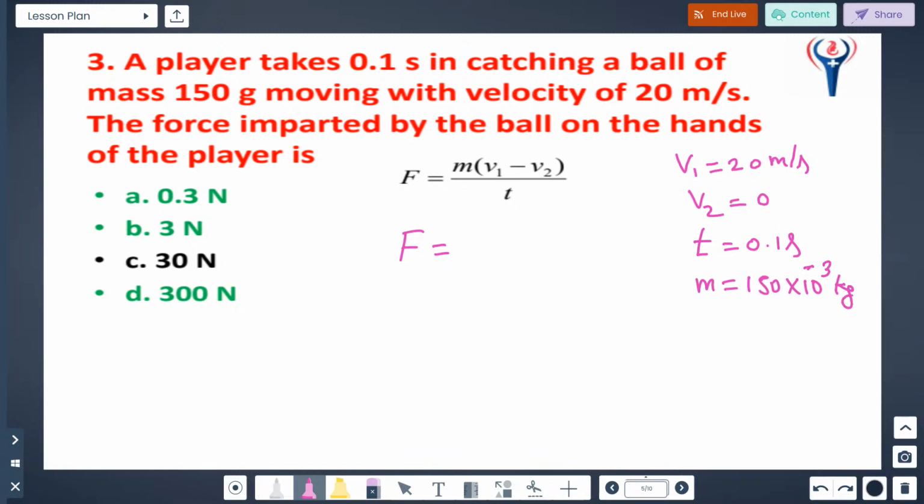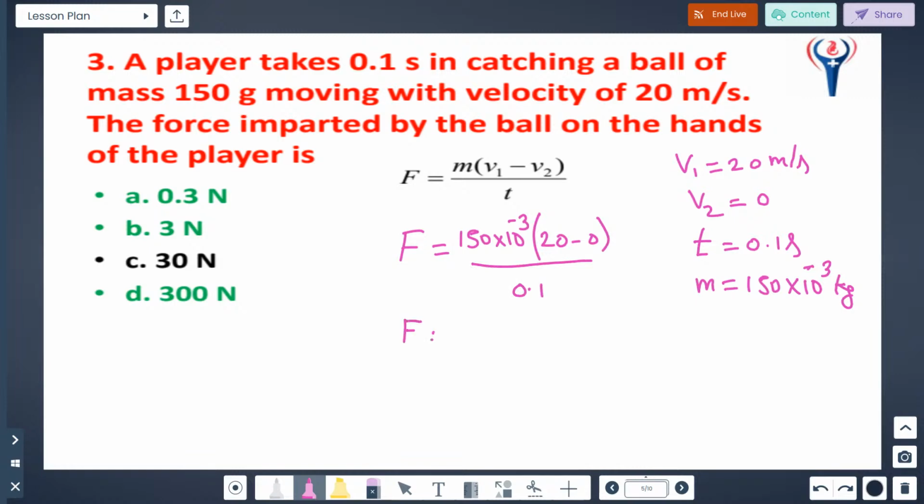Substitute F equal to 150 into 10 power minus 3 into V1 minus V2, that is 20 minus 0, divided by T, 0.1. Wait, we missed 20.